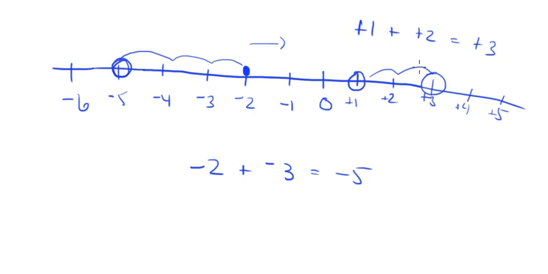Make sense? Okay, the next one, it shows us that we're on a +3 and we're adding a -5. We're adding a -5. Or you could say you're subtracting 5. Same thing, right? But we're adding a -5. So when we're adding, but it's a negative number, we're going to the left. Okay?